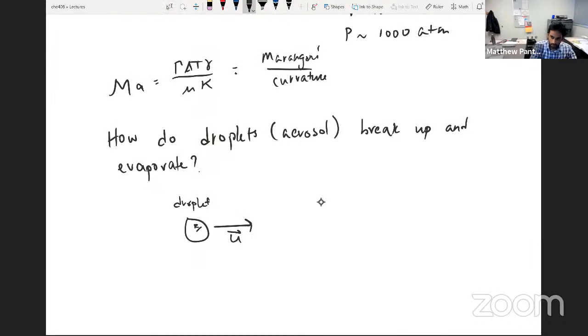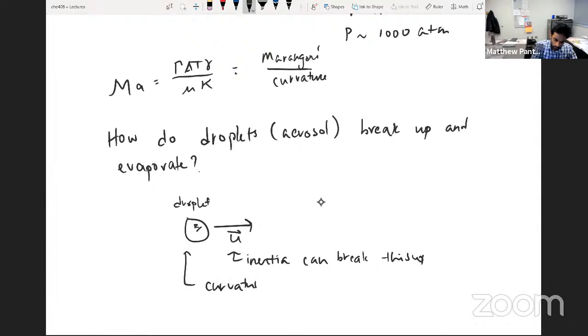We have this velocity that's going to cause some inertial force that can cause it to break up. Inertia can break this up. But we also have this effect of the curvature.